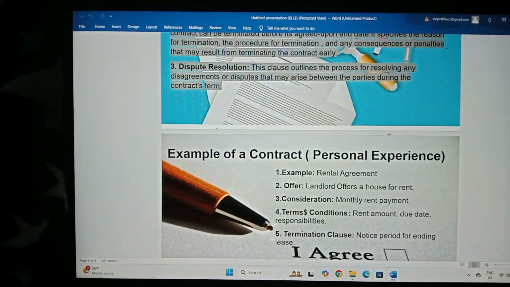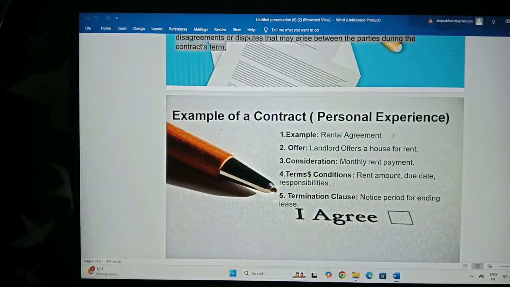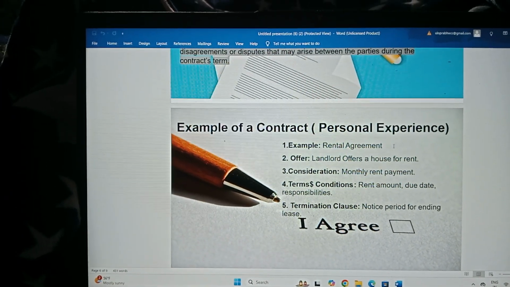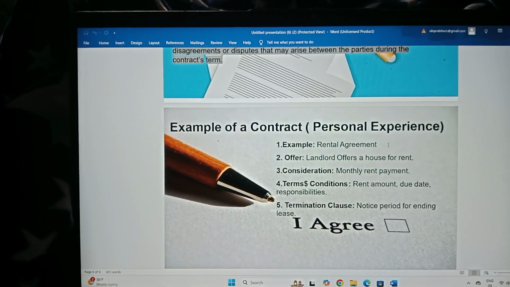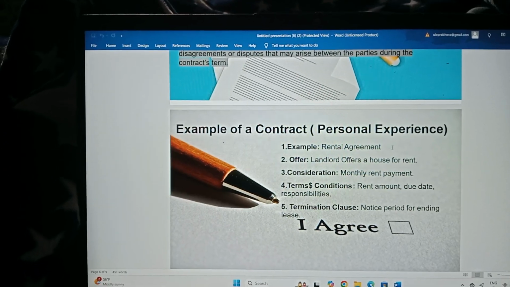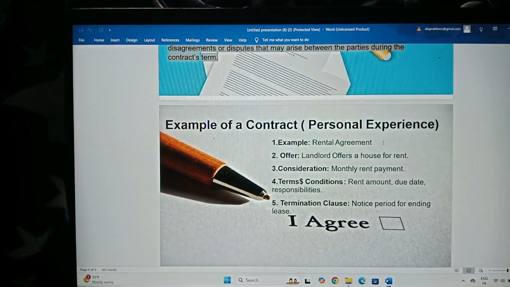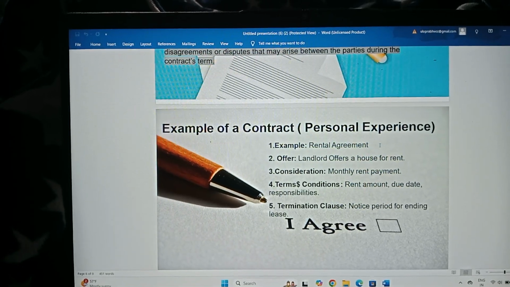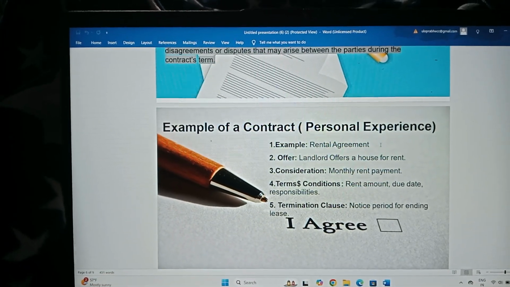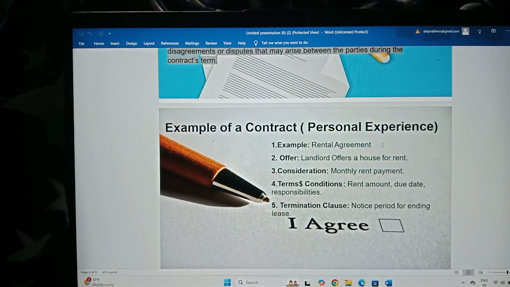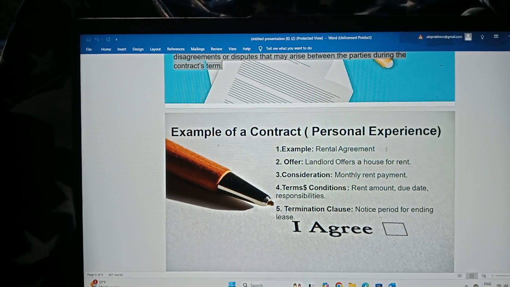So here is one example of a contract. I have a personal experience. As we all know, we are international students and we have to rent a basement or a house to live. So it's my personal experience.